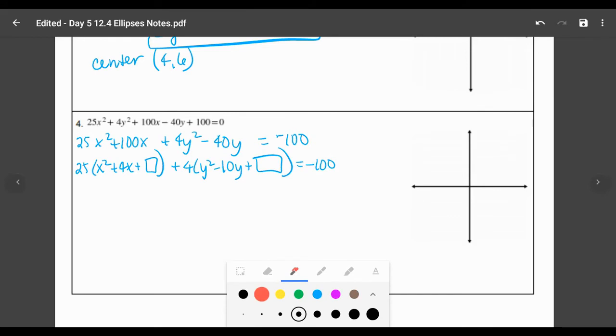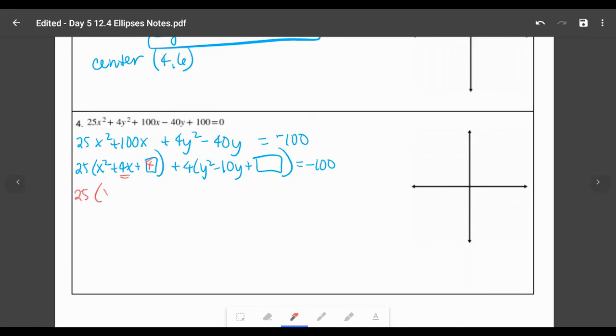All right, so now how do we complete the square? We're going to look at half of the middle term squared. So 4 over 2 is 2. 2 squared is 4, which means this will factor into 25 times x plus 2 squared. And then for this one, we want half of negative 10. That's negative 5, squared is 25.